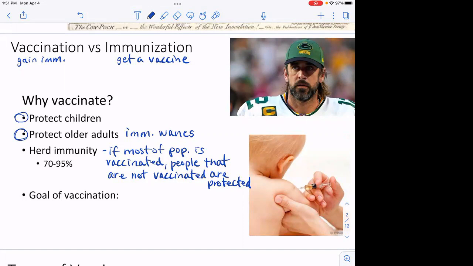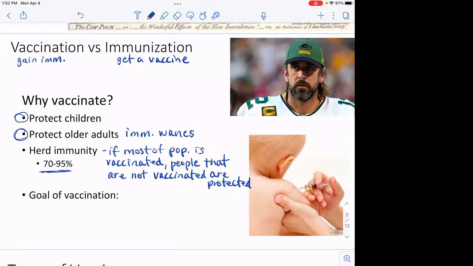So the idea is if most of us get vaccinated, and what percentage has to be reached depends on what infection we're talking about, then the people that are not vaccinated are just not likely to come in contact with the pathogen. So they'll be protected.